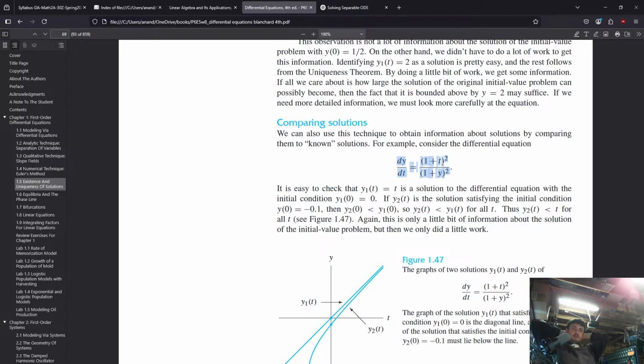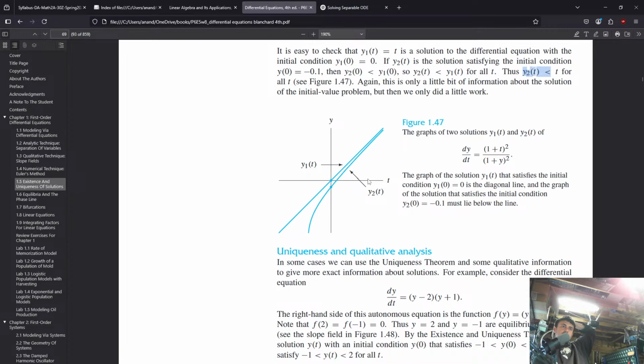Which I don't know if it is. Oh, and then they actually did the substitution, so okay, that's cool.